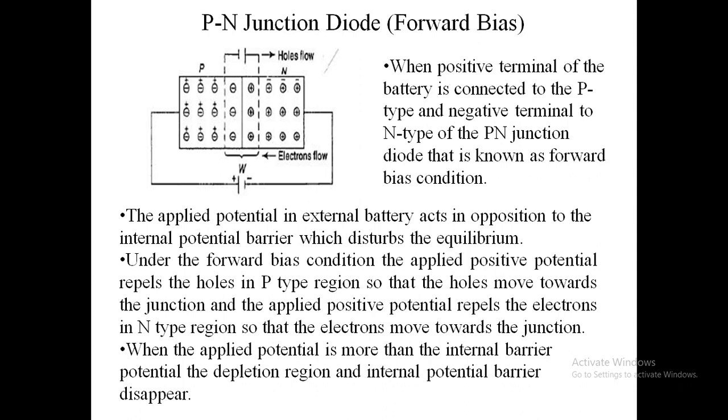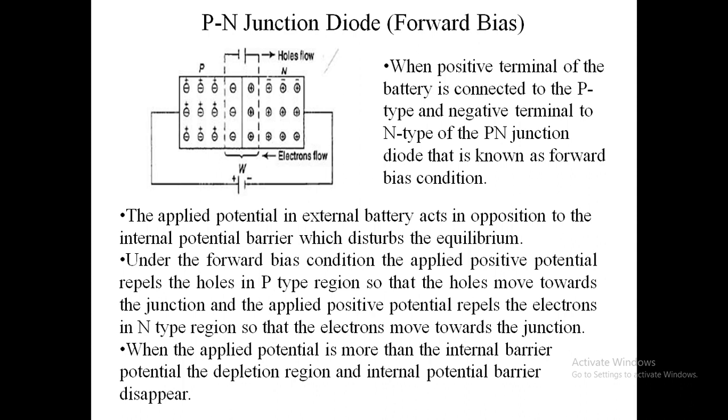When the anode is connected to the positive terminal of the power supply and the cathode is connected to the negative terminal of the power supply, it is called forward bias.